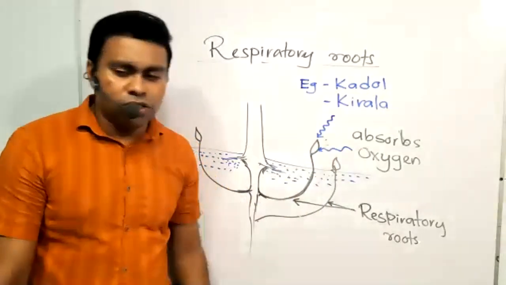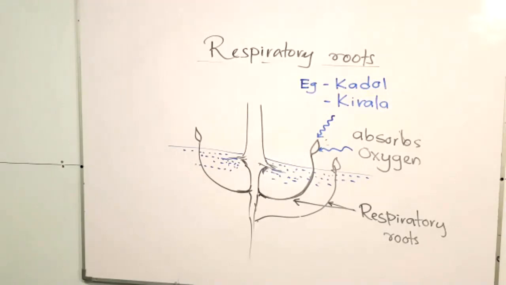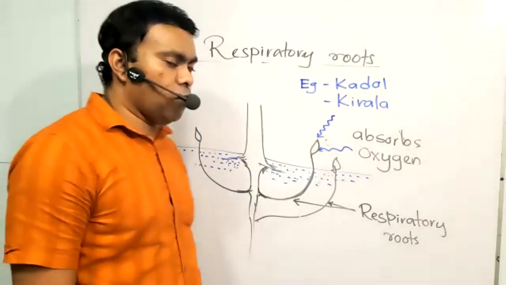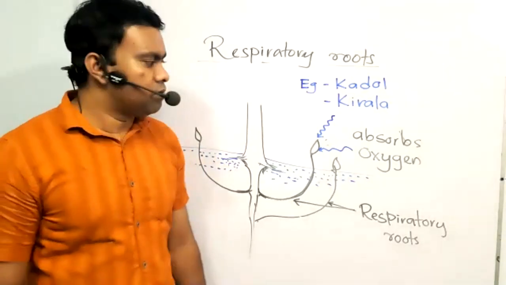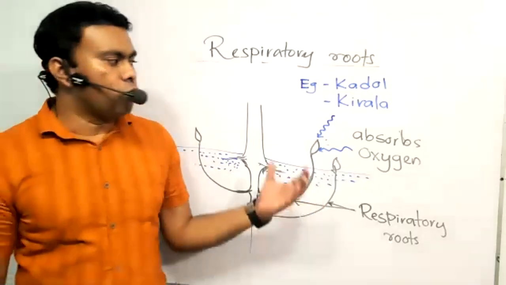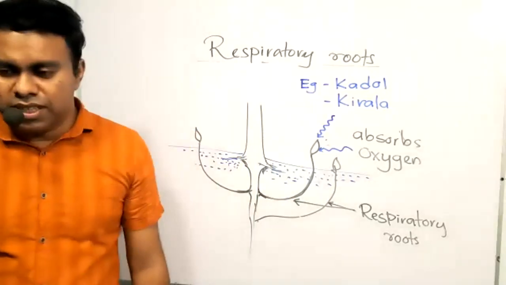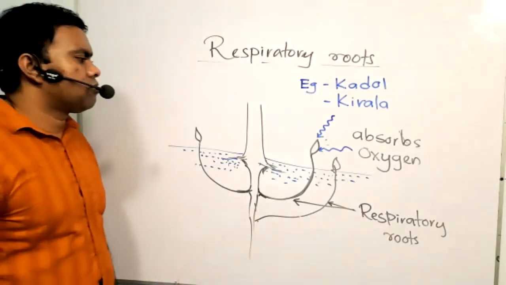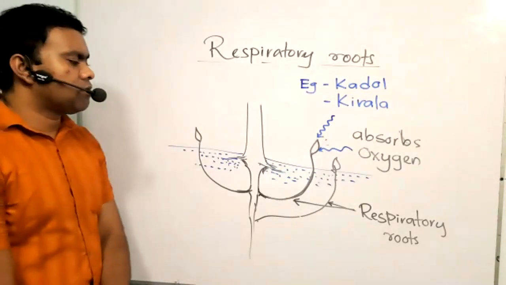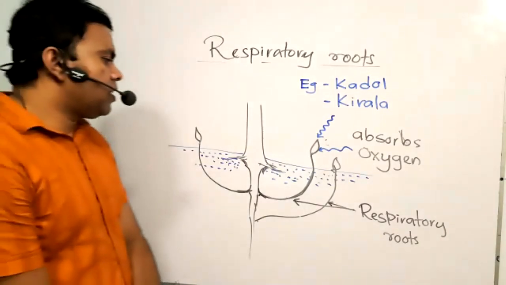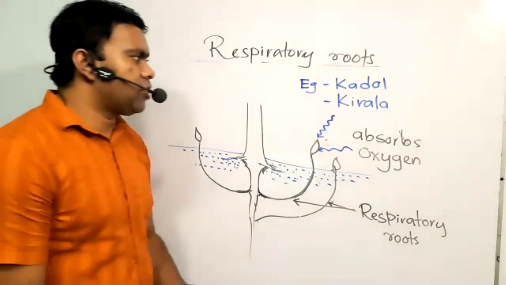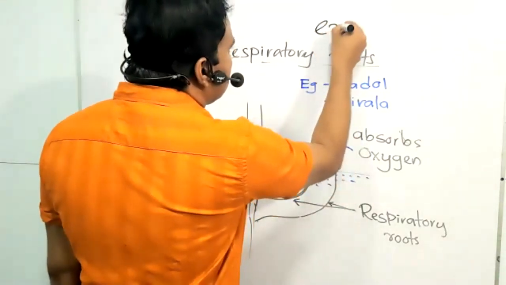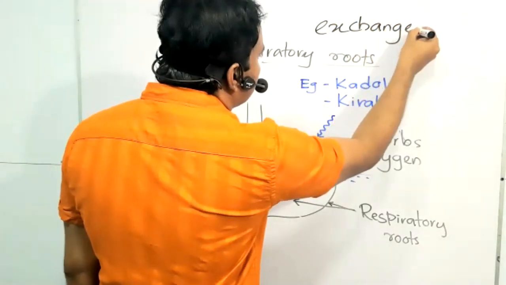Okay, now take down the note. Usually, roots are used to absorb water and minerals, but respiratory roots are used to exchange air.